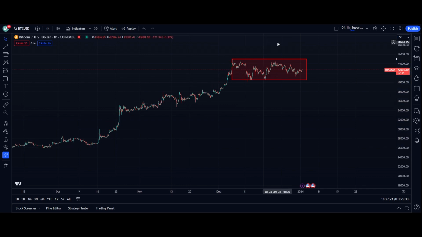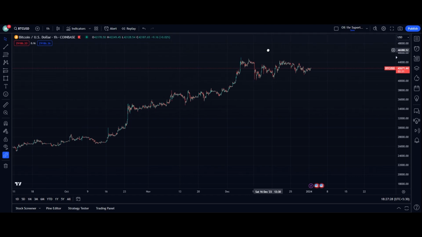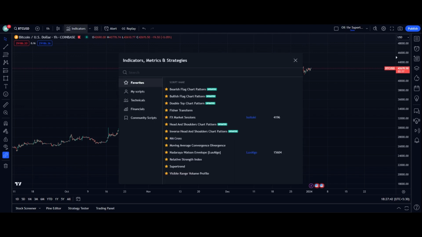That has been devised, tested and built up on a very rigid kind of structure. As I said in the beginning of the video, we have two indicators for that.